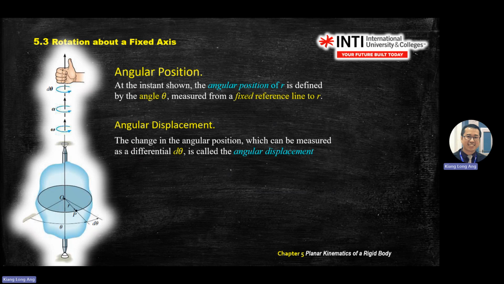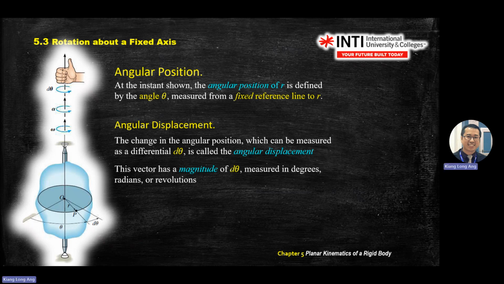Then you have a displacement, like your s in chapter 1. The displacement is a change of angle, in this case d theta, so we call it the change of angular displacement.